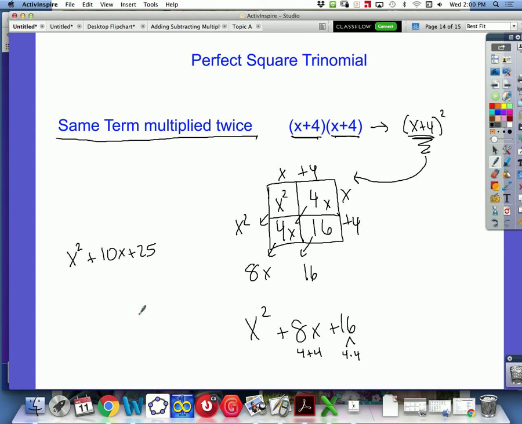This is a perfect square trinomial because 5 plus 5 is 10 and 5 times 5 is 25. So that means if I put it back in the original form, this is really x plus 5 times x plus 5, or x plus 5 squared.